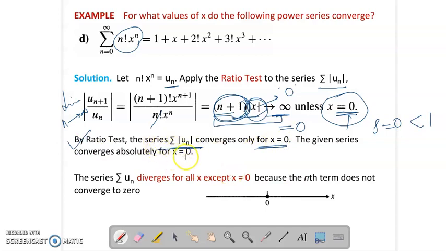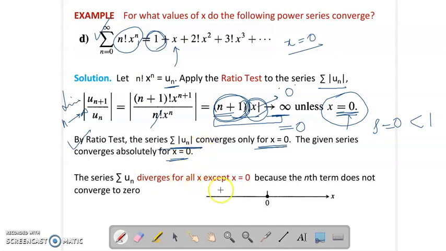And hence the series converges absolutely for x is equal to 0, or we can say that this series is convergent at x is equal to 0, and you can see when you substitute x is equal to 0, this series converges to 1. And what if x is not equal to 0?